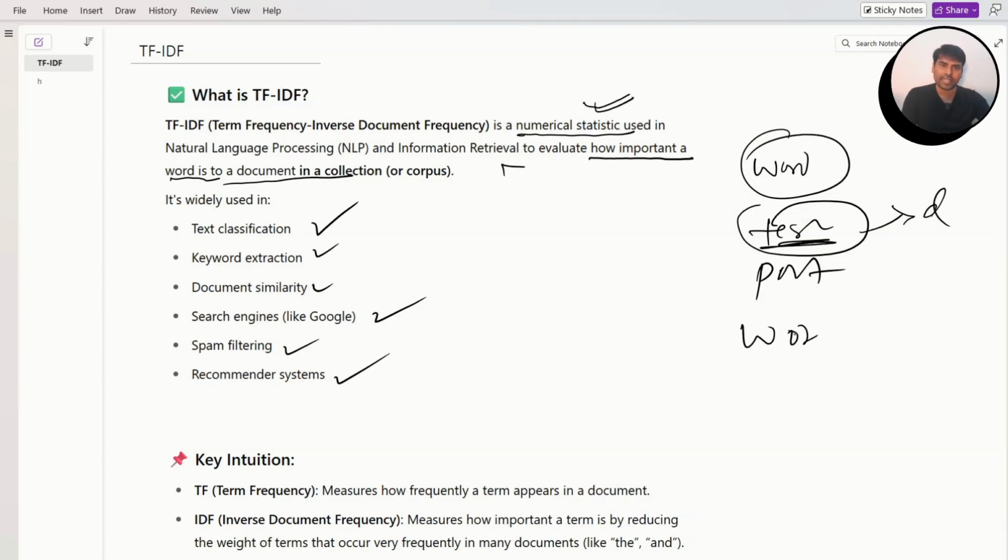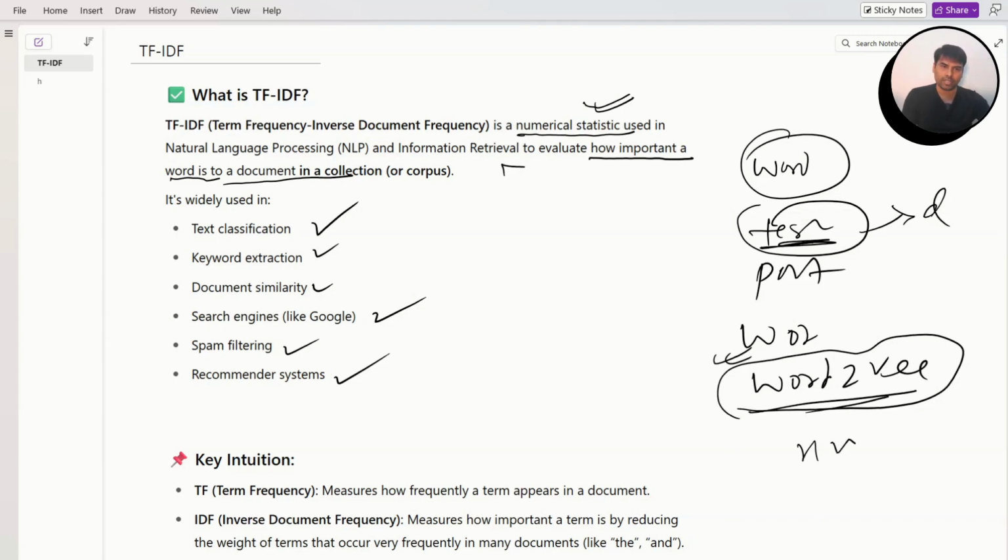For example, there is another technique called Word2Vec, which captures a lot of semantic meaning. I will cover it later. The Word2Vec model is based on neural networks, right? But this technique TF-IDF is based on statistics.